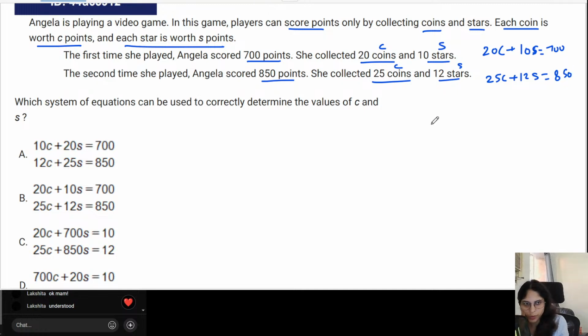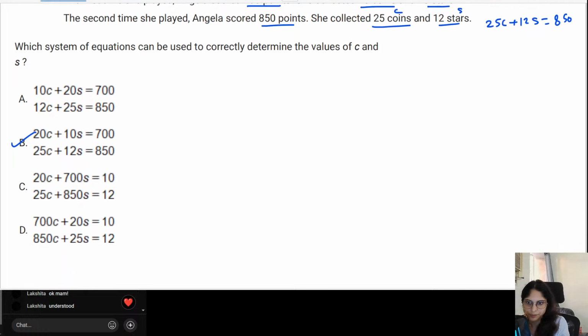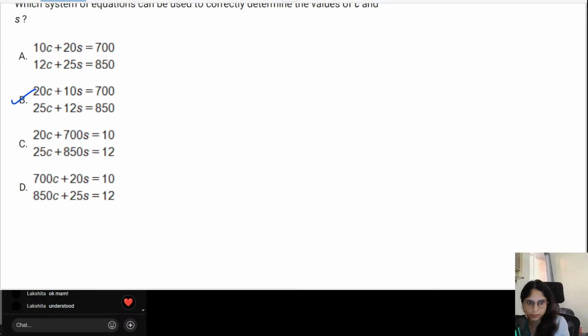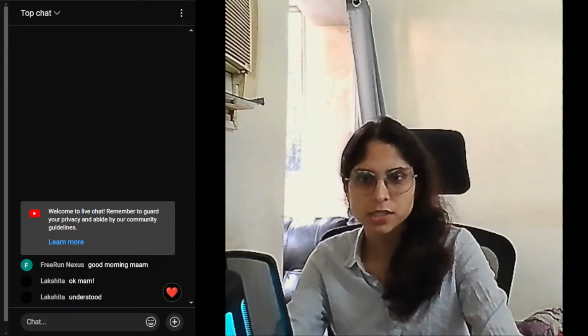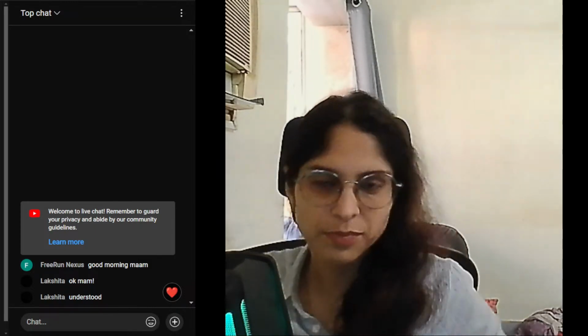These are going to be your equations. 20C plus 10S equals 700. 25C plus 12S equals 850, option B. That is it. We are done with the easy word problems.